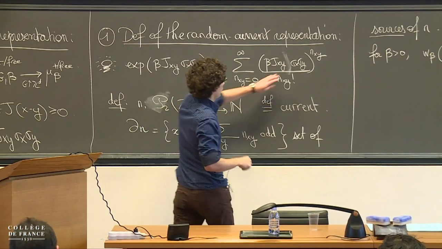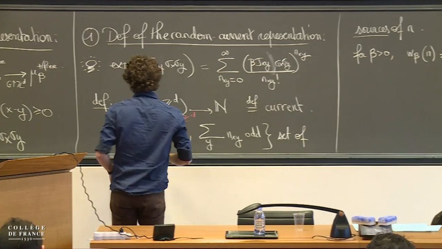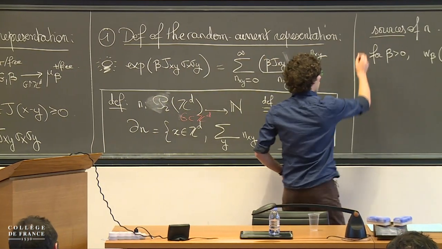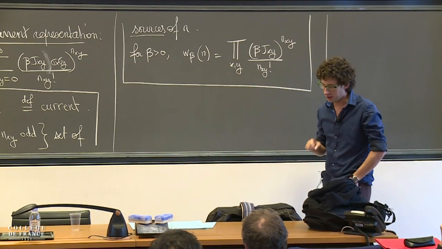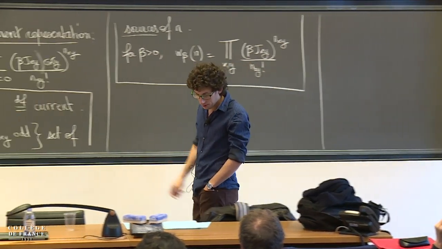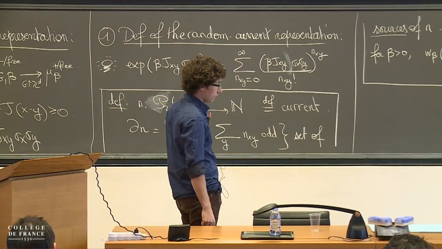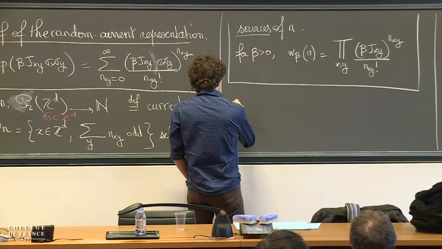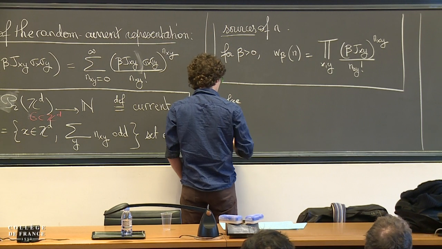So it's basically this term without the sigmas, and you do the product over every x and y. Once again, since we are in finite volume, this thing is well defined. So this is a current. Now, what is the connection with our model, with the Ising model? So the connection is going to be that if I look at the partition function, sorry?